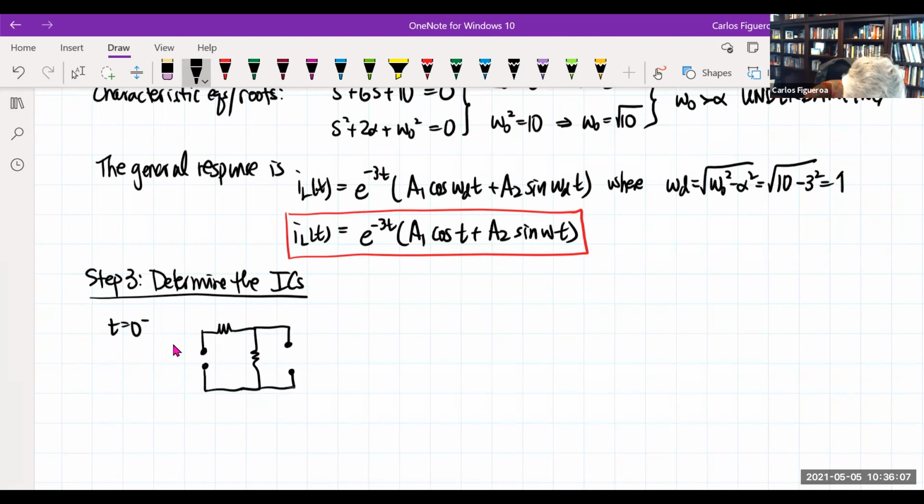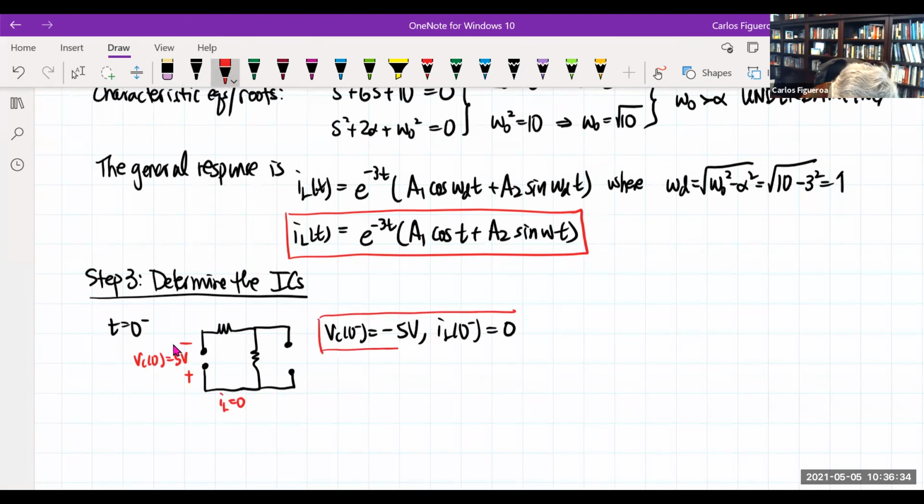I know that the capacitor starts off at 5 volts, and clearly I have no inductor current because there's no source. So immediately I can say that VC of 0 minus is 5 volts and IL at 0 minus is 0. So I now have those right here.